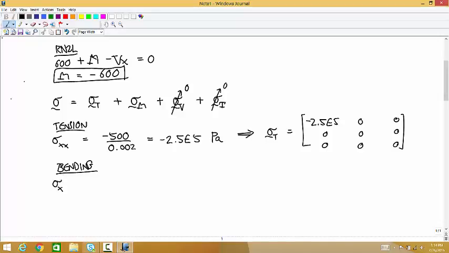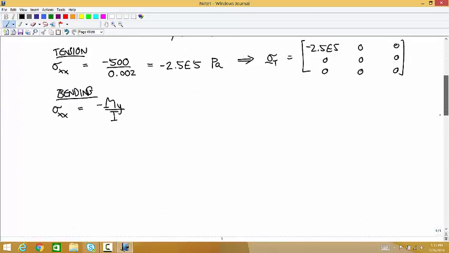And here we're going to have an XX stress that's equal to negative My over I. So let's put aside what I is for a minute. The bending moment was negative. So this is negative of negative 600 times y over I, or positive 600 y over I. The biggest XX normal stress we can have is when this is as negative as possible, because then you have the effect of it adding with the negative stress due to tension.